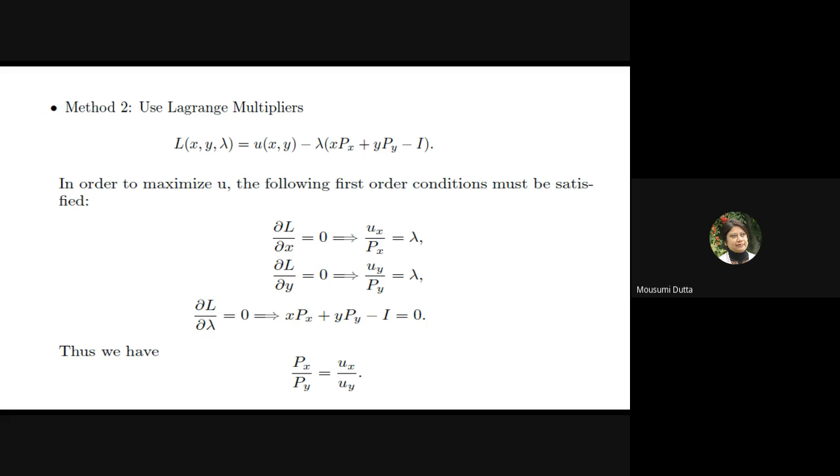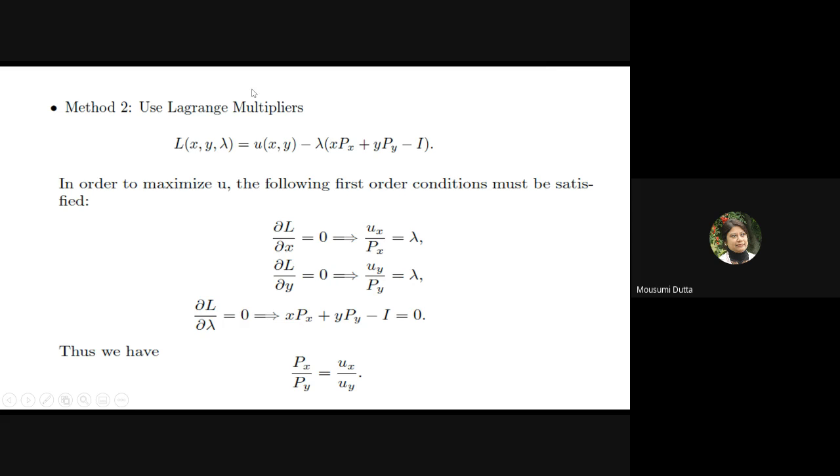Now, instead of treating two functions, I'll add the two functions using a multiplier, which I'm calling Lagrange multiplier, and generating an adjusted objective function. So what he did, he added the utility function with the income constraint, okay, using the Lagrange multiplier.